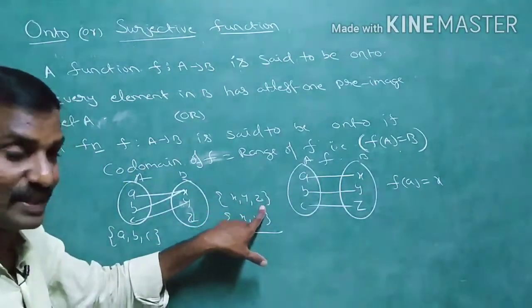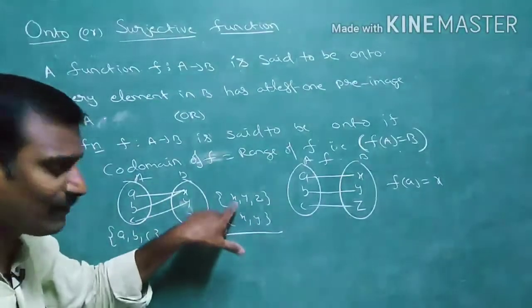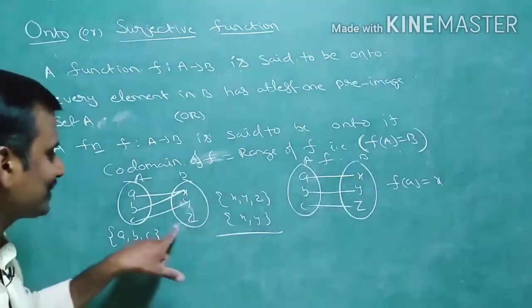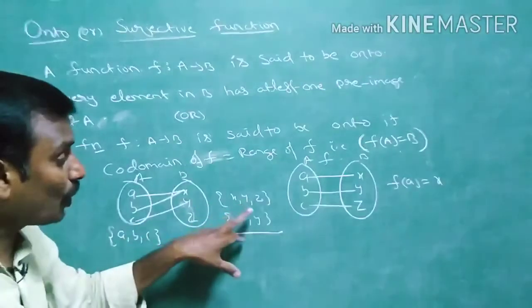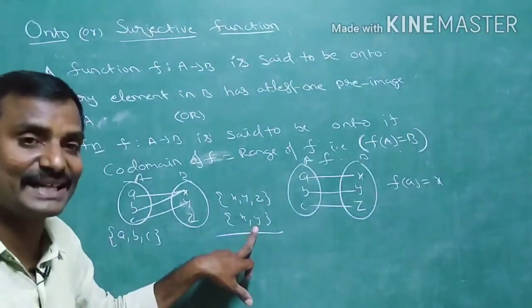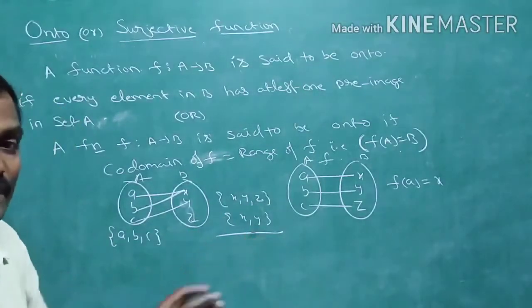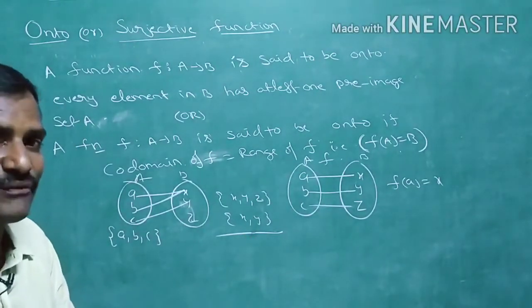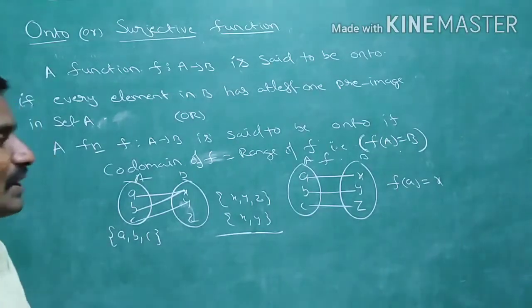Codomain is XYZ, range is XY. Are these two equal or not? These two sets are not equal. So it is not an onto function. If the codomain is not equal to the range, it is not an onto function. Codomain of f not equal to range of f means not onto.